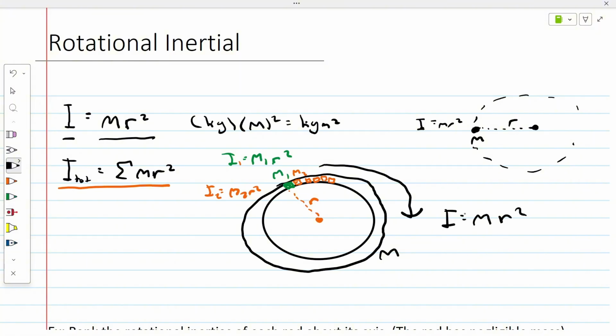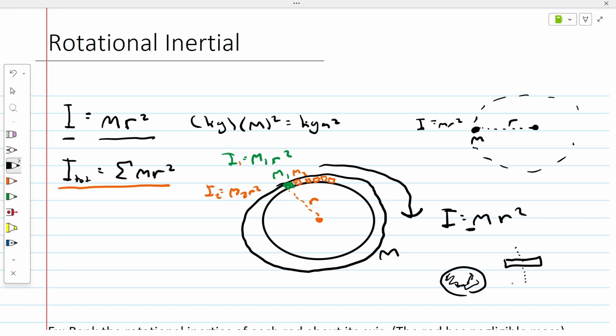Other objects are going to have different coefficients in the front here. If you had a solid sphere, you'll have a different rotational inertia than if it was a hollow sphere or a rod rotating. We'll look at some other examples later of how you can actually calculate those, but a lot of times to get the value of something rotating on its own, you would need some form of calculus.